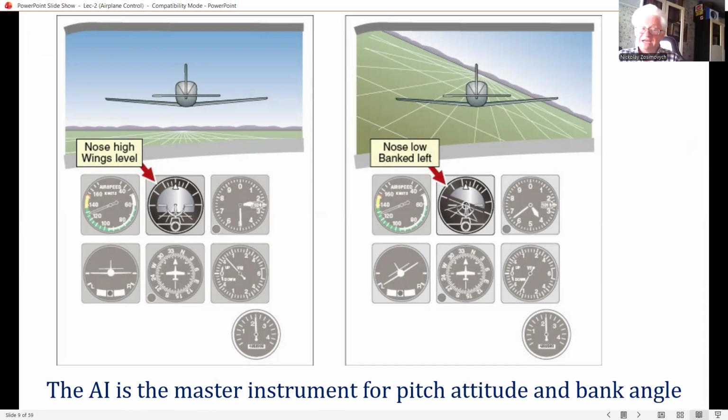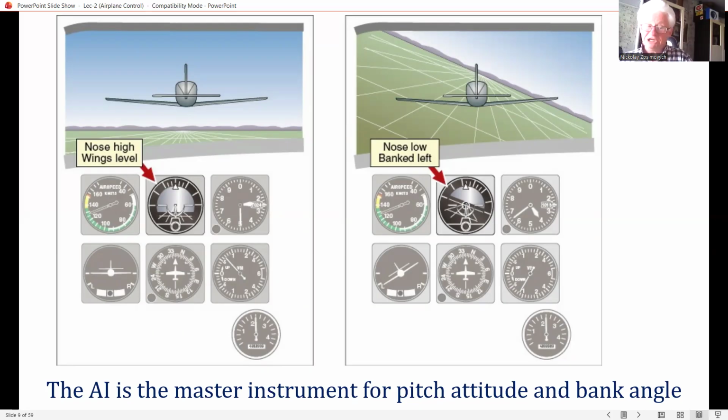In visual flying conditions, the natural horizon is used as a reference when selecting pitch attitude and bank angle. The power indicator in the cockpit is only referred to occasionally, for instance, when setting a particular power for cruise or for climb.